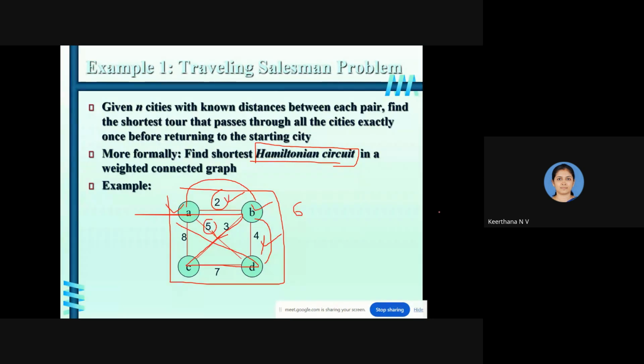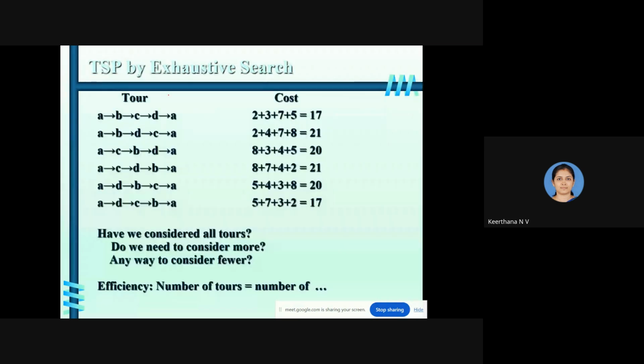So you have to consider all the possible combinations in a network, and you have to find out the cost for each possible combination and enumerate it. Adding up the cost of this combination, it will be 17. The next combination adds up to 21. Similarly, I'm considering the 6 possible combinations. You have to check whether you have considered all the possible combinations, or whether you have to consider more.